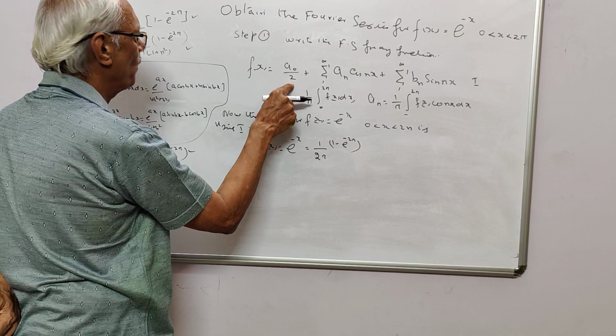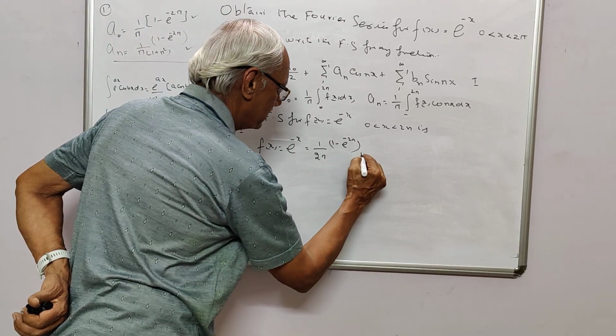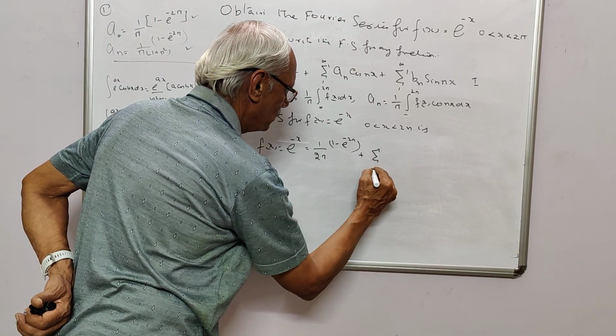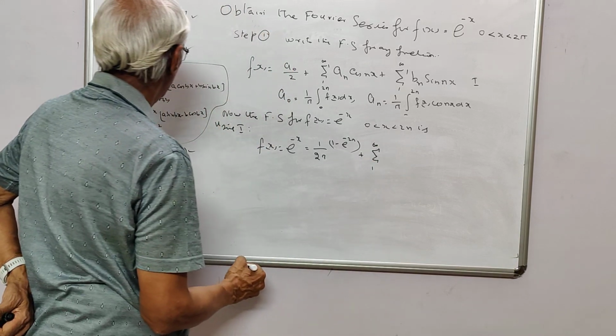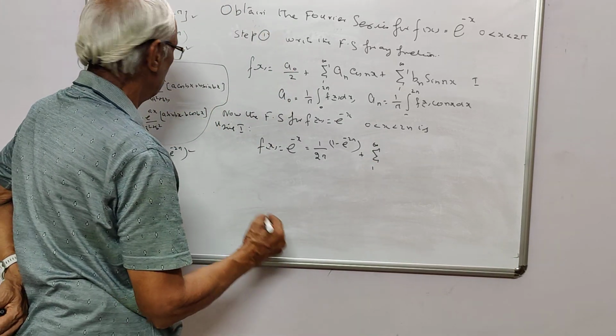Half of a naught plus the sum from 1 to infinity of a n cos nx.